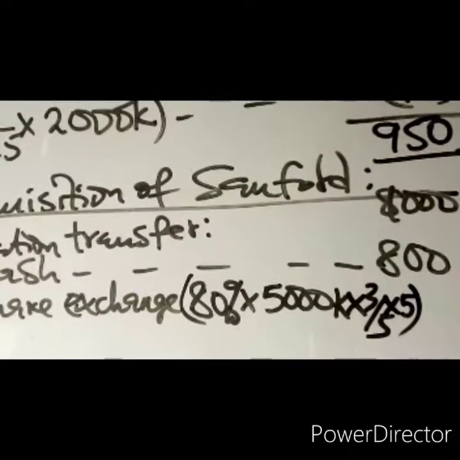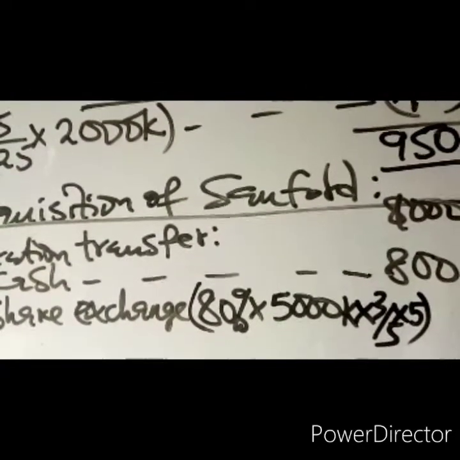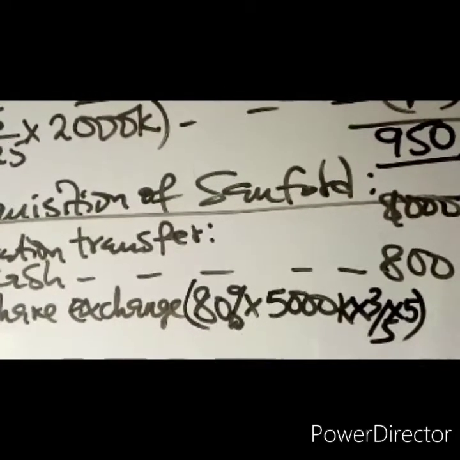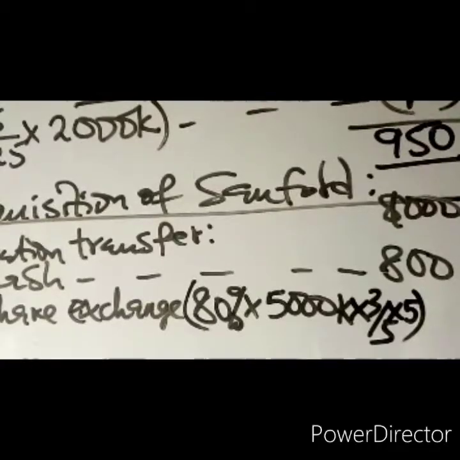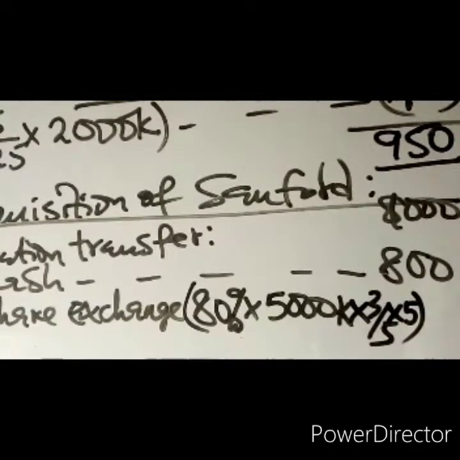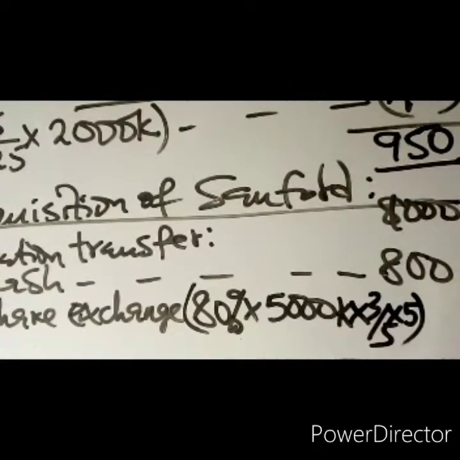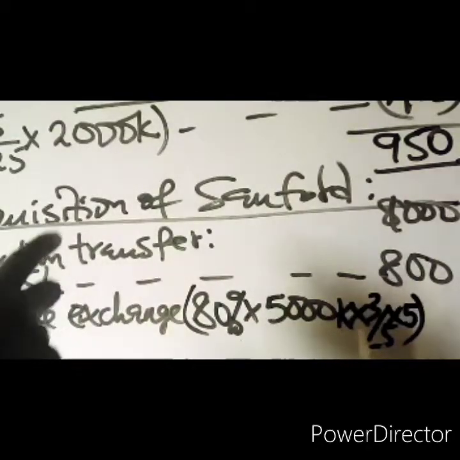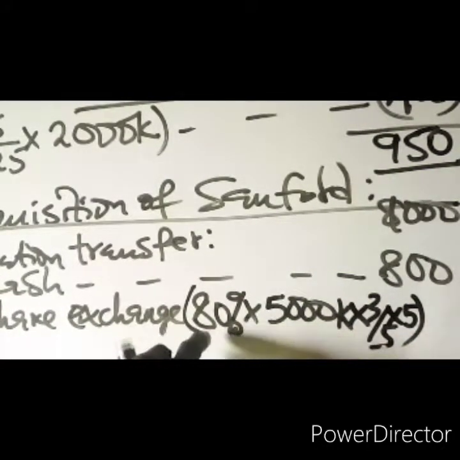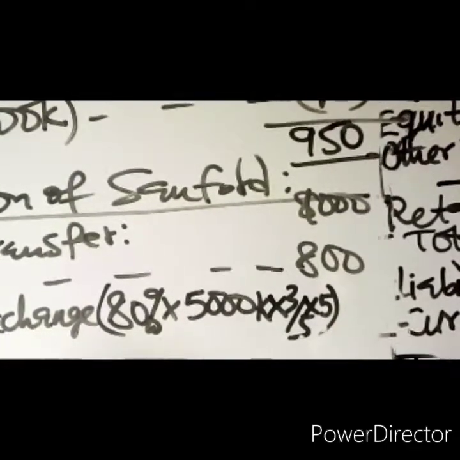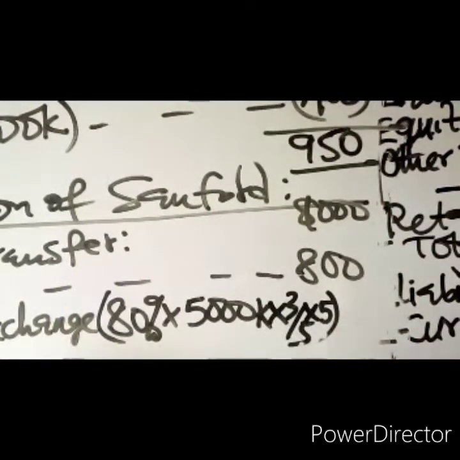Acquisition: calculate 80% of 5,000, that will give you 4,000 shares acquired, times 3 divided by 5. Then that means the shareholders of Sanford will be given 2,400 shares. If you calculate this, 2,400 shares times the market price of the parent, which is 5, then you have 12,000.